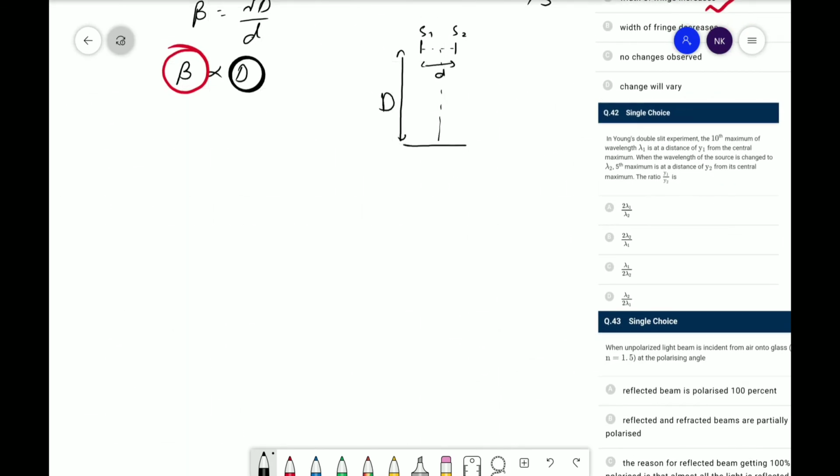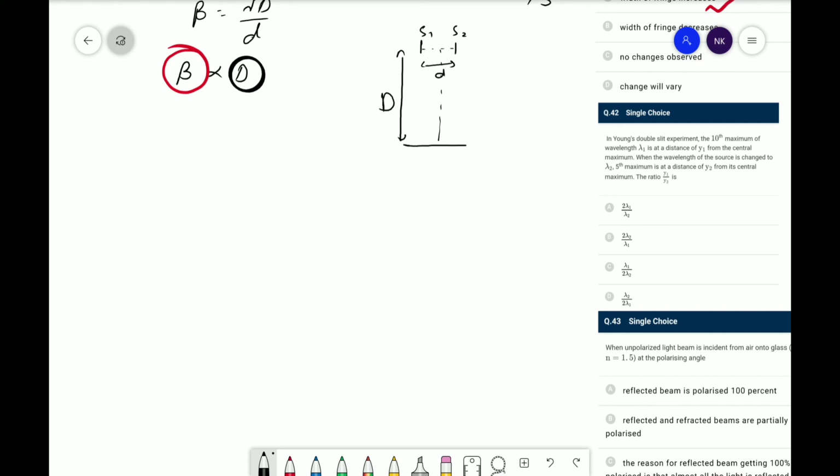Moving towards the next question, what is the next question? It is from the Young double slit experiment. In Young's double slit experiment, the 10th maximum of wavelength lambda 1 is at a distance of y1 from the central maximum.